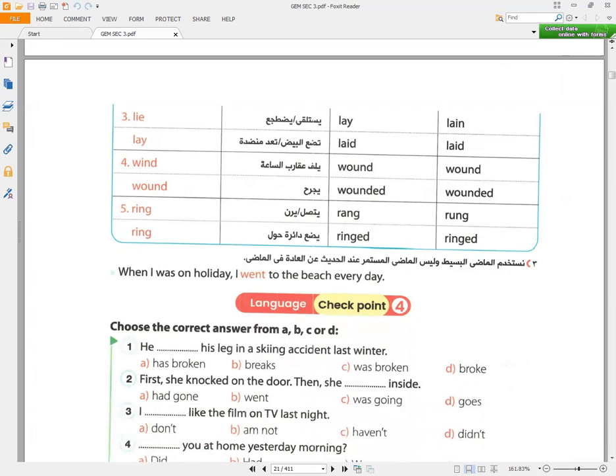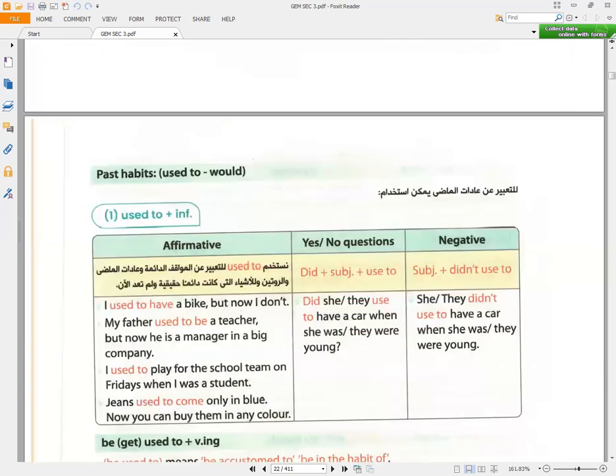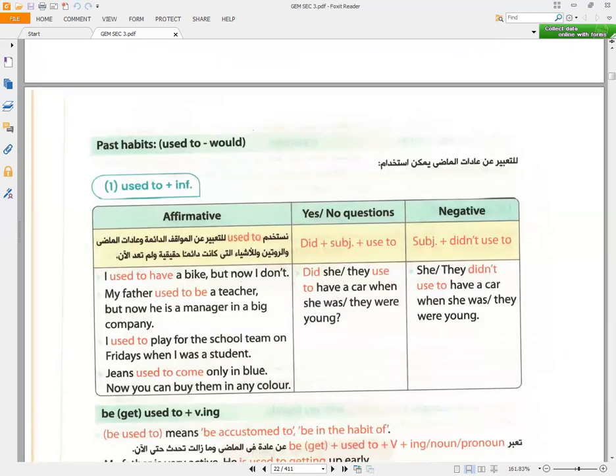There is a tip when we talk about past habits. Of course, we use past simple, not past continuous. For past habits, use used to and would. Of course, we know used to plus infinitive expresses past habits.